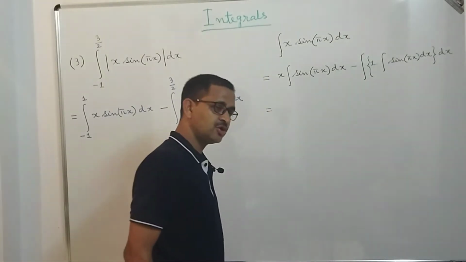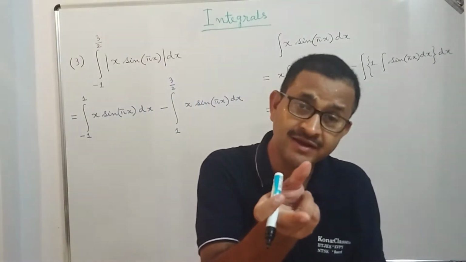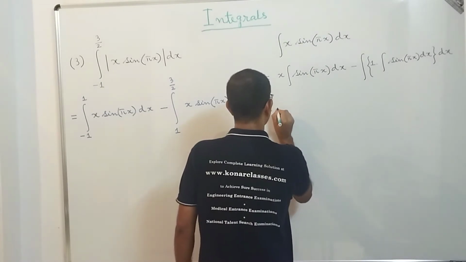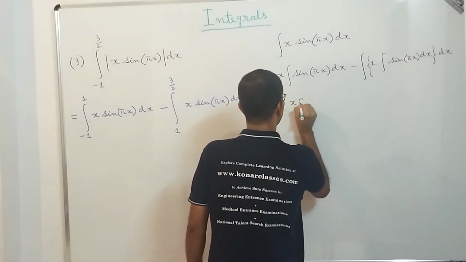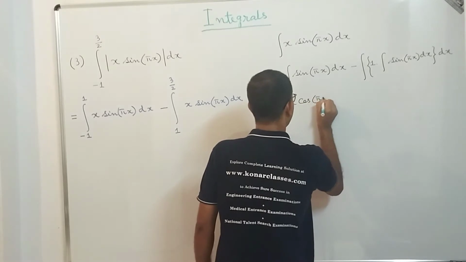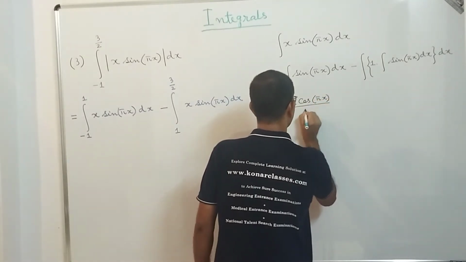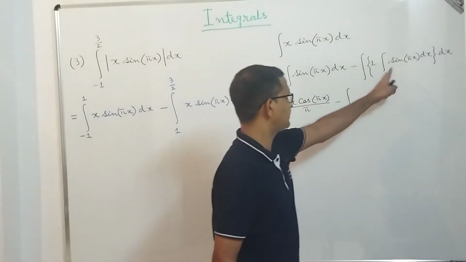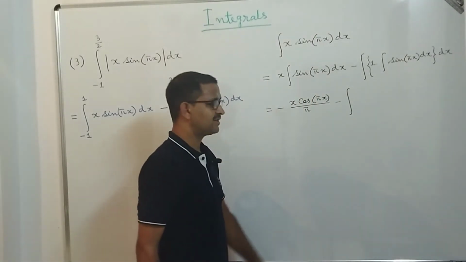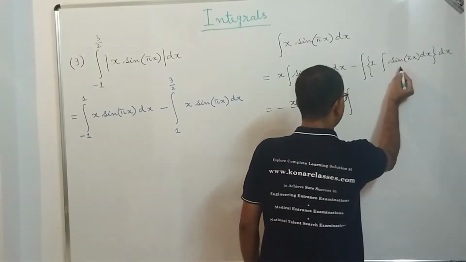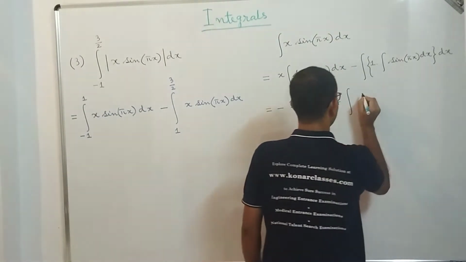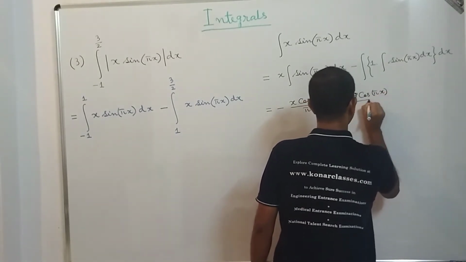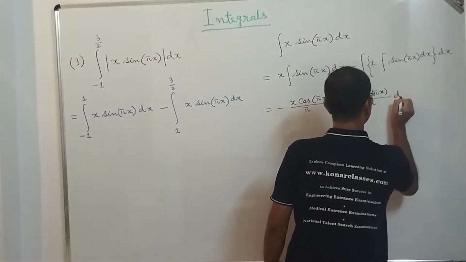What is the integration of sin pi x dx? That is equal to minus cos pi x divided by pi. So we can write minus x into cos pi x divided by pi minus integration. What is the integration of sin pi x? We have just done that, minus cos pi x by pi. So that minus and this minus will become plus. So what we can write? Cos pi x divided by pi dx.